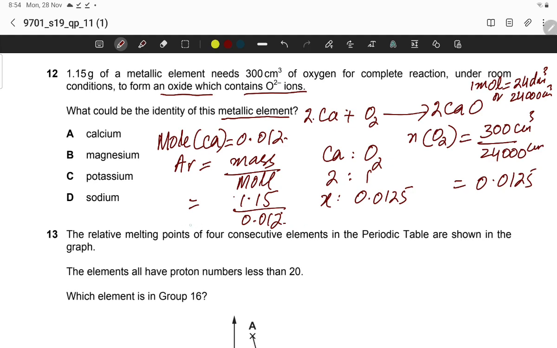This is equal to 46, so it is incorrect.